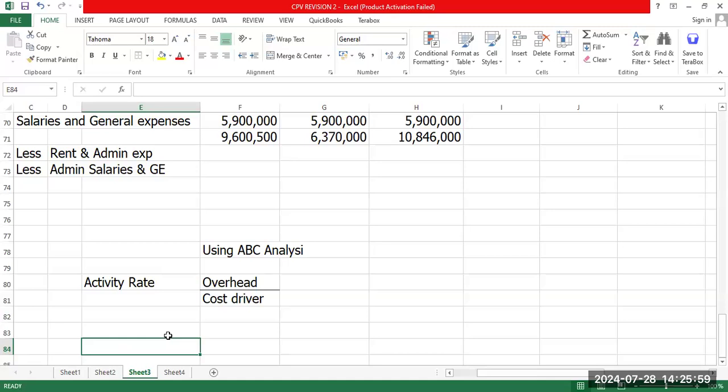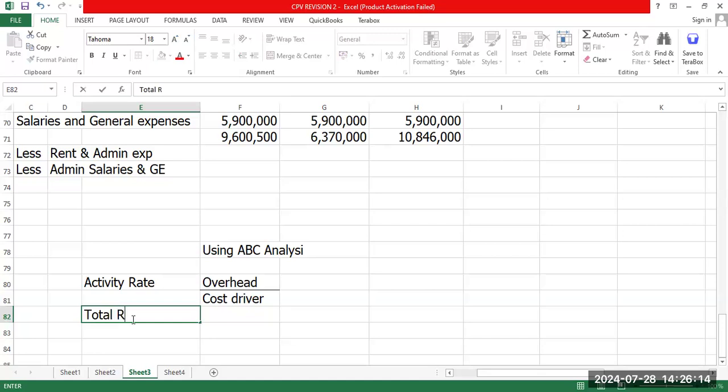So what we are going to do is to know what is the total rent, and initially what was the total if you sum up?